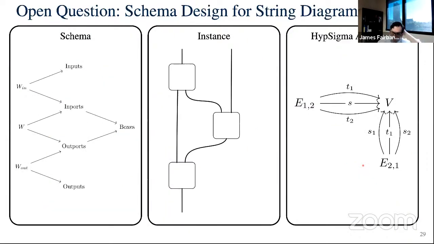I think there's an open question here comparing the different approaches to schemas, or different schemas for string diagrams, I should say. Our port graph thing is not aware of the monoidal signature, and it doesn't bake the arity preserving nature into it.